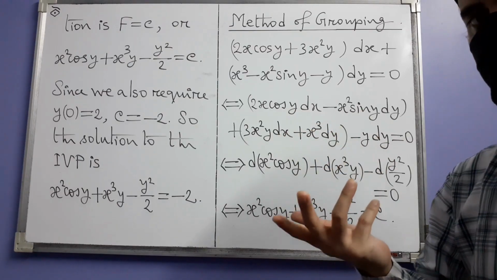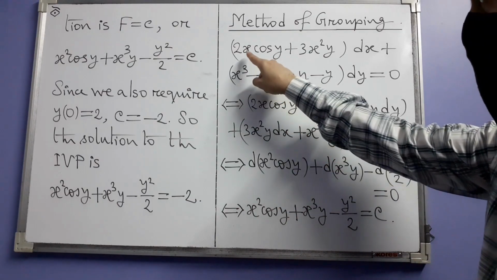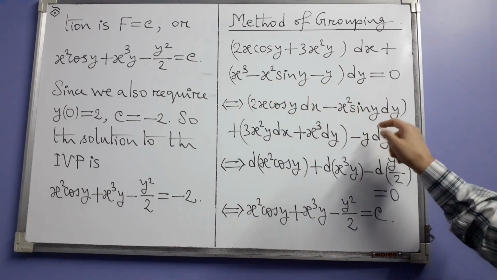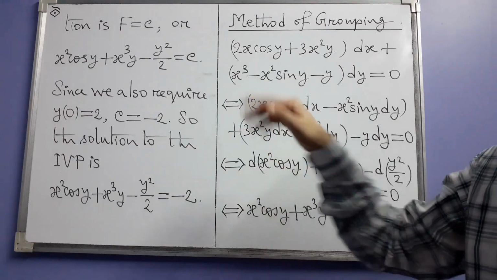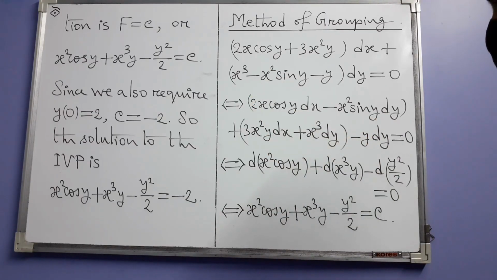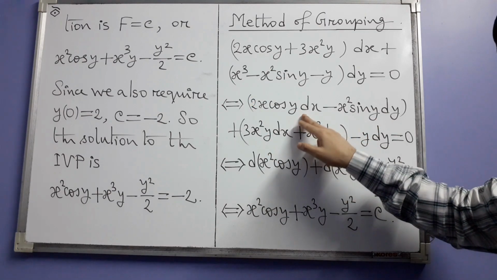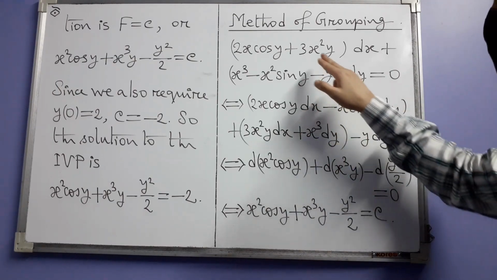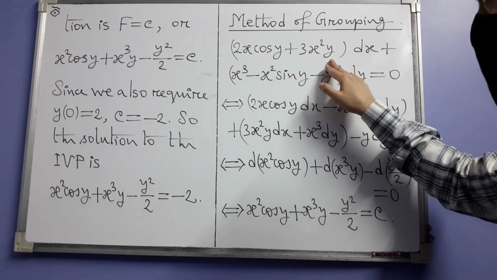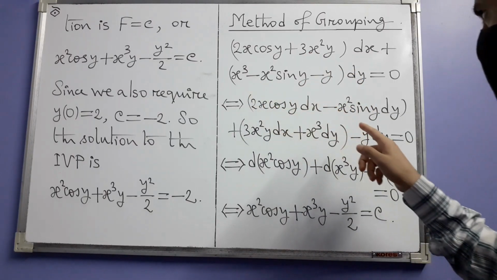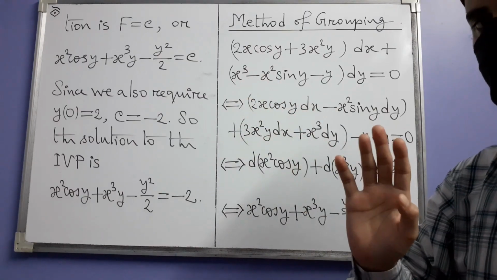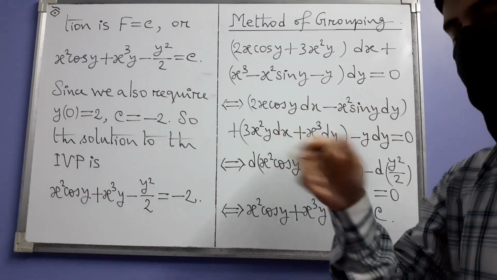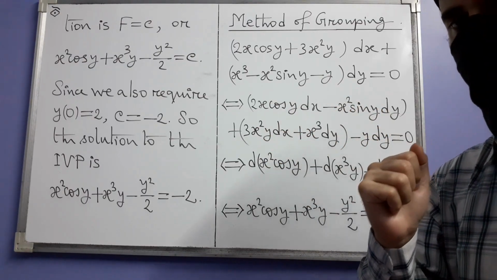We don't yet know whether it will work or not. Let's see. So 2x cos y dx minus x² sin y dy we keep together within brackets. And then what else should we do? Still we have terms having both x and y. One of them is 3x² y, and the other one, well, this one actually does not have y, but if you multiply this with dy, then you can consider that product as having both x and y.